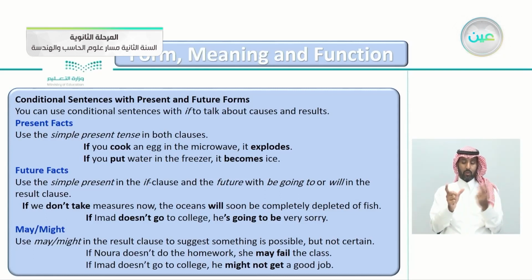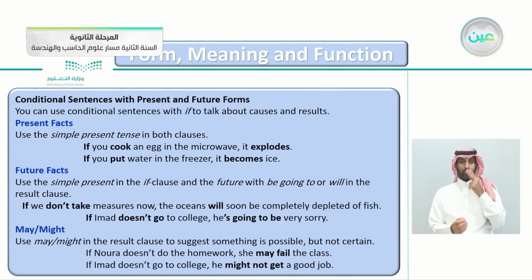What about if we talk about future facts? We use the simple present in the if clause and the future, be going to or will, in the result clause. Again, if we're talking about what will happen in the future, we use the simple present in the if clause and the future with be going to or will in the result clause.